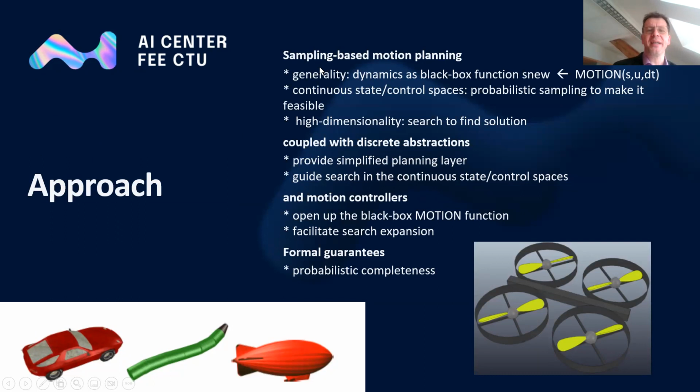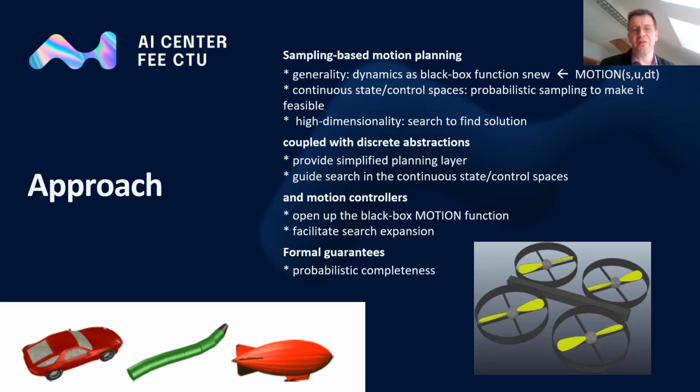And so what we applied is general sampling-based motion planning that comes more from the robotics side, where you have a black box function and you probabilistically sample it to make it feasible. It's high dimensional because of the degrees of freedom you have, but you couple it with discrete abstraction so that you have some guidance on where to go.